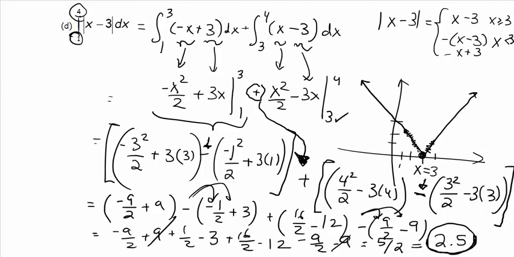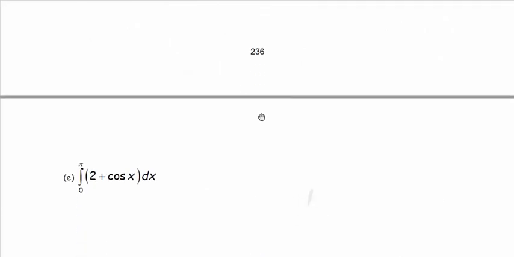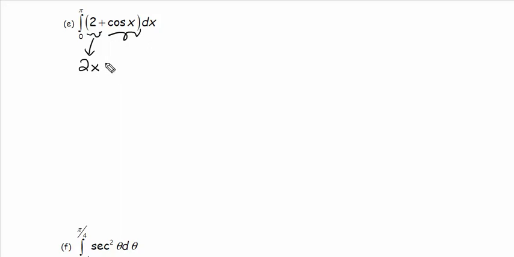Alright, very good. So let's try one with the trigonometric functions now. So this is just going to be trying to remember the trig antiderivatives here. So the integral from 0 to pi of 2 plus cosine of x. The antiderivative of 2 is 2x, and the antiderivative of cosine of x is sine of x.